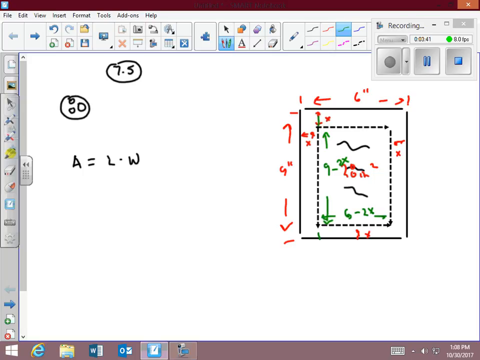So then that area, the typed area, which is 28 inches squared, is the length of 9 minus 2x times 6 minus 2x.